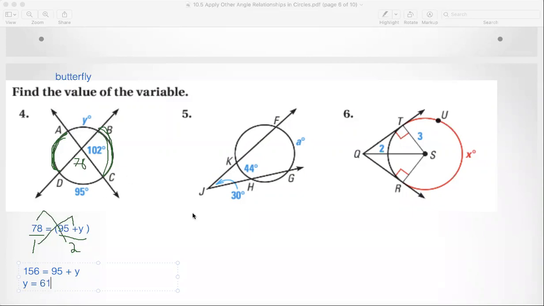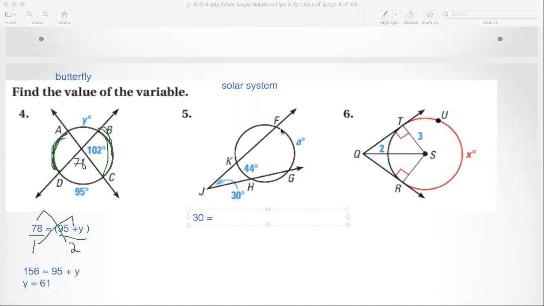There we have it. Okay, number 5 would be a solar system example. Okay, because look, you've got the angle on the outside of the planet, so it's like its own planet shining on this, okay? So to set up 5, you're going to say the angle 30 is equal to big arc minus little arc.